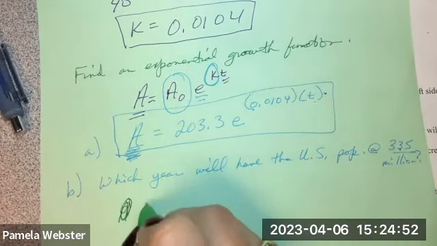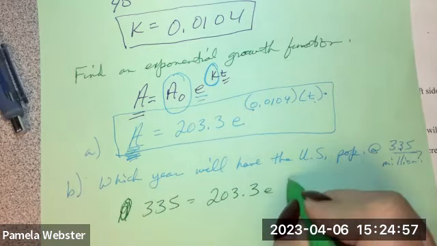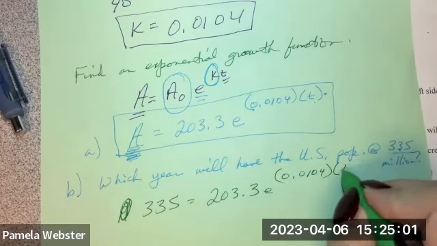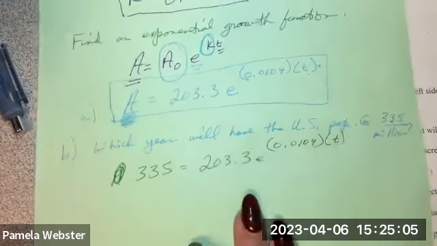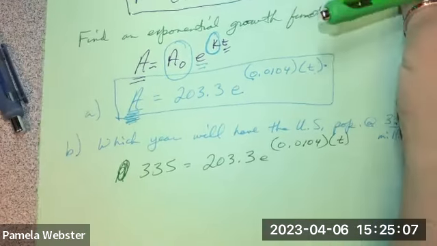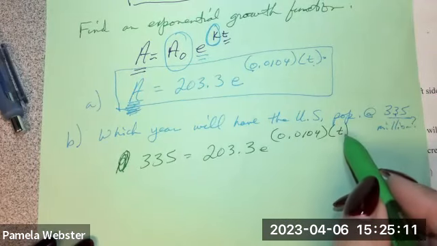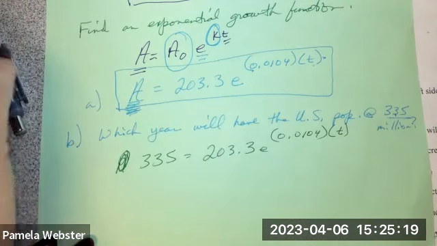I'm sorry. 335 equals 203.3 e to the 0.0104, that's the same number, t. So the idea here is I'm going to use the function we just came up with, and I am going to solve for t. It's going to tell me how many years, and then I can figure out where that is from the initial. Well, this looks an awful lot like what we just did.